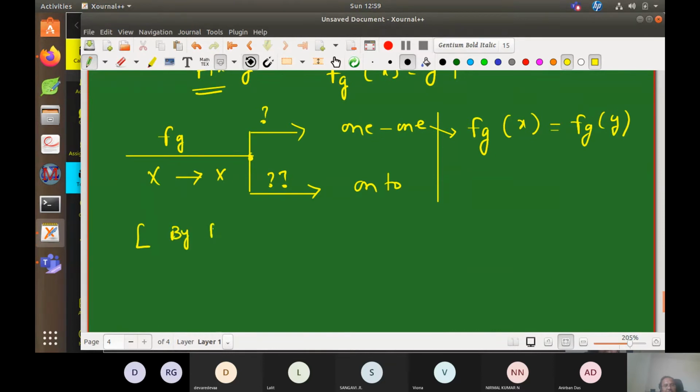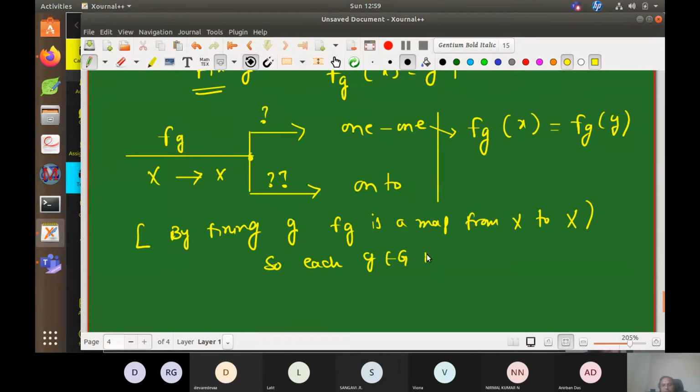By fixing G, Fg is a map from X to X. So each G belongs to G, and Fg is a map from X to X. So natural questions.